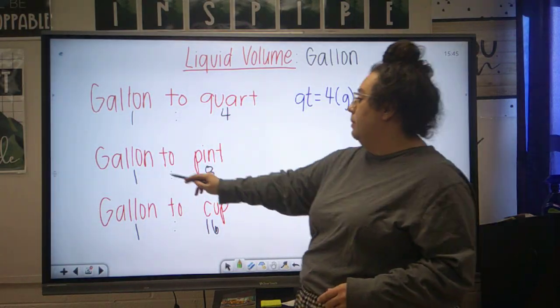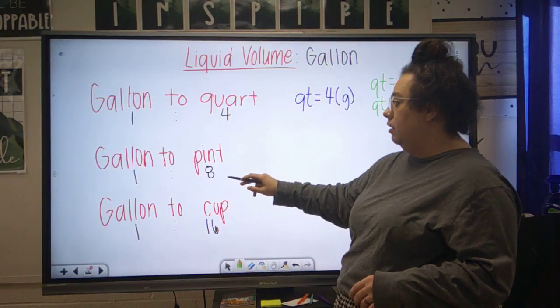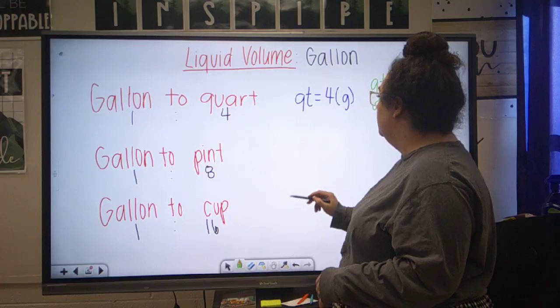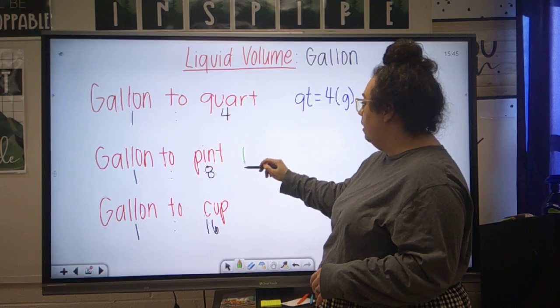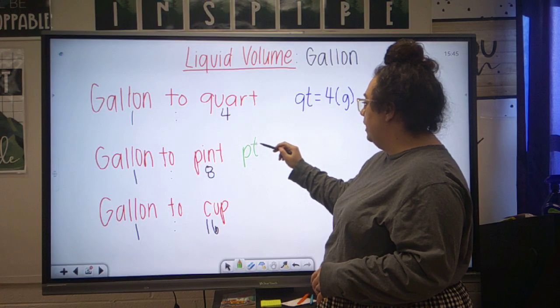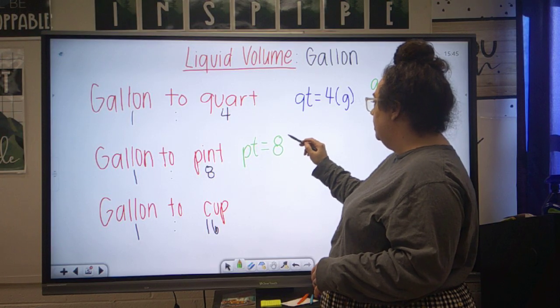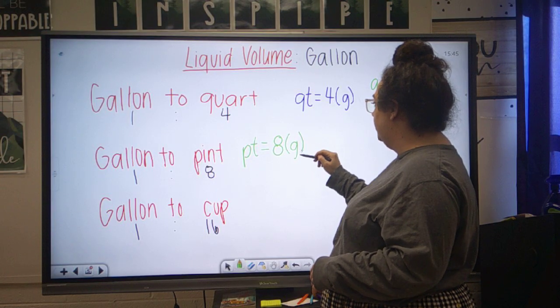If I wanted to go from gallons to pints, I now have 1 gallon that is equivalent to 8 pints. So the same process, I would start my equation, pints equals 8 times the number of gallons.